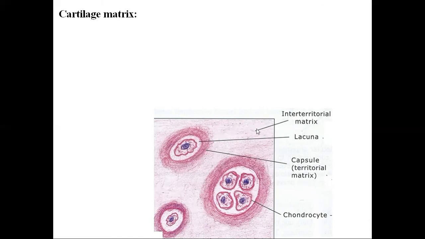Interterritorial matrix also can be seen. Matrix is homogeneous and basophilic. So it takes the basophilic stain, that is hematoxylin stain. So it looks a little bluish in color. Compared to other cartilages, hyaline cartilage is the one which takes most of the basophilic stain, and hyaline cartilage almost looks bluish in color. So generally, matrix takes a basophilic stain.